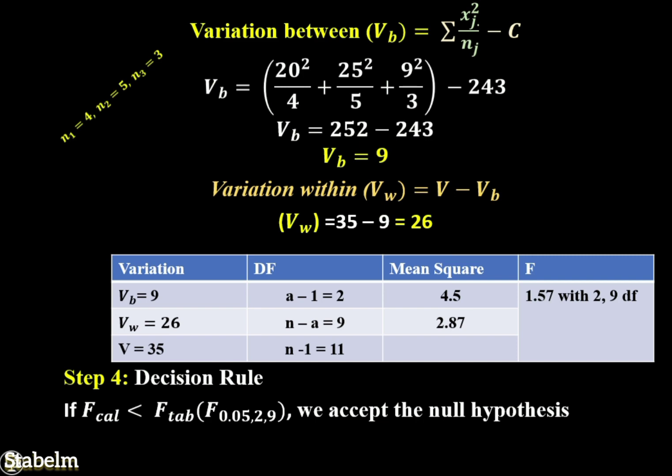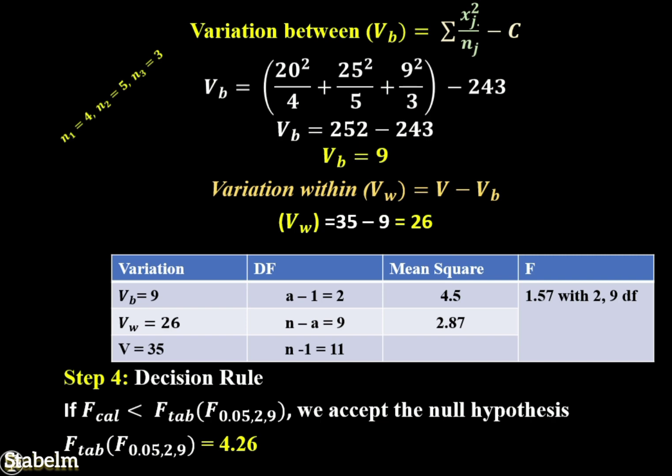We're going to use the level of significance, which is 0.05, under the degree of freedom 1 and degree of freedom 2. Degree of freedom 1 here is 2, and the second degree of freedom here is 9. So we are picking for 2, 9 under 0.05 level of significance. By checking that on the table, F subscript 0.05, 2, 9 from the table will give us 4.26. So we said F tab, F of 0.05, 2, 9 gives us 4.26 from the table.